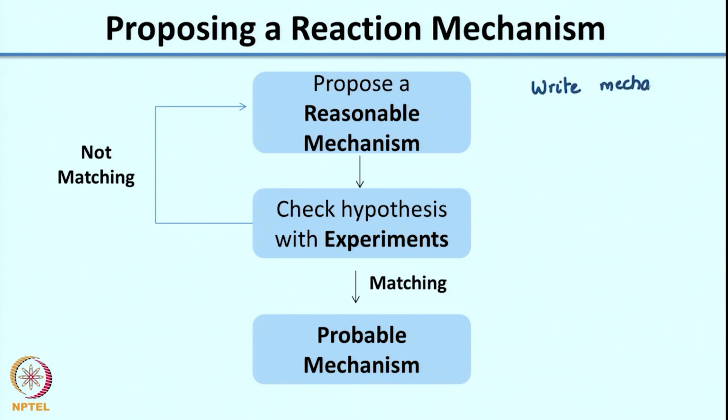So, in the first week and a half, we looked at methods to write reaction mechanisms. We looked at arrow pushing, and based on your assignments and practice problems that we did during the lectures, I hope by now you have some confidence in pushing arrows.